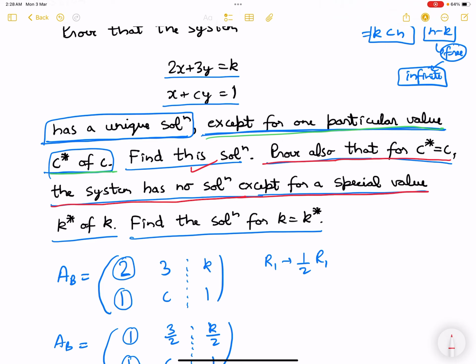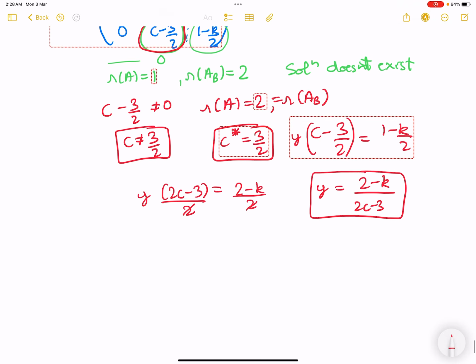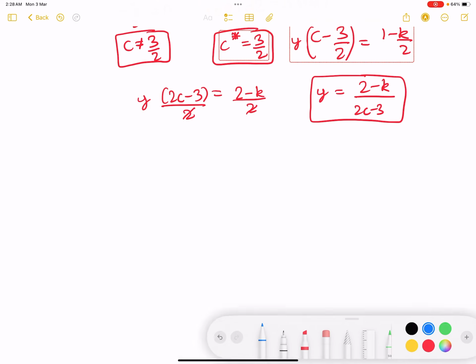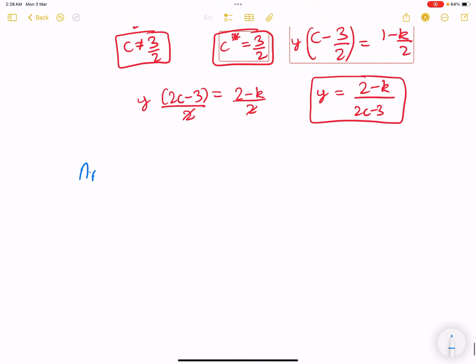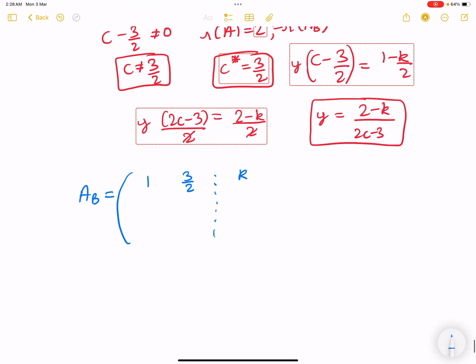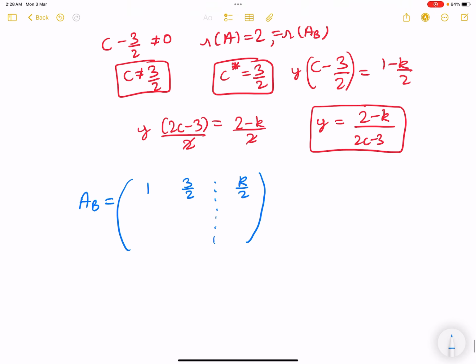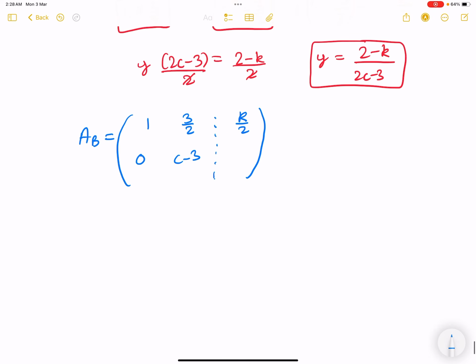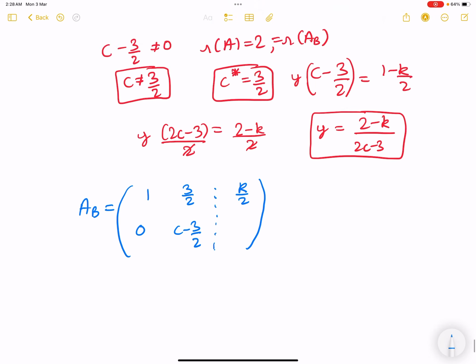Now the question is asking, prove also that for C star equals C, the system has no solution except for a special value k star of k. Now I'm writing the A augmented B matrix again, and I'll tell what they are asking. 1, 3 by 2, k by 2, 0, c minus 3 by 2 and 1 minus k by 2.